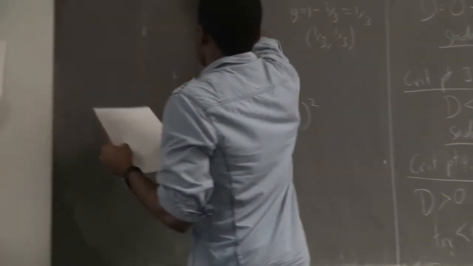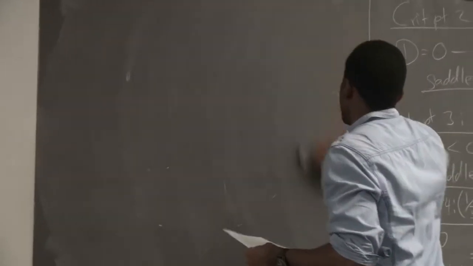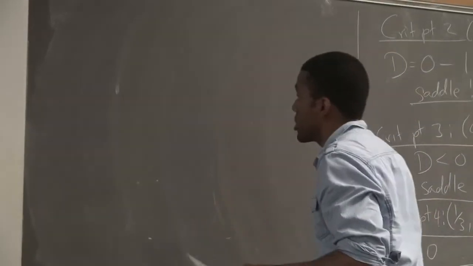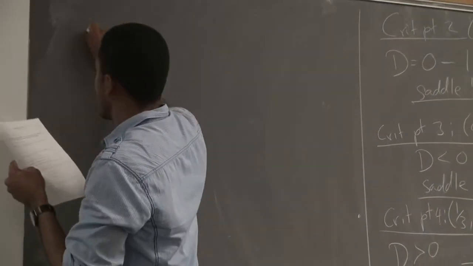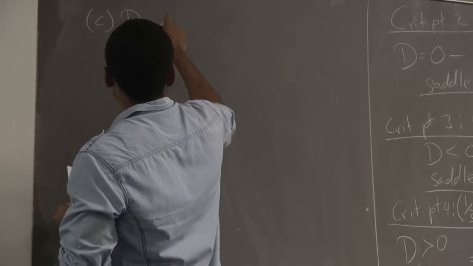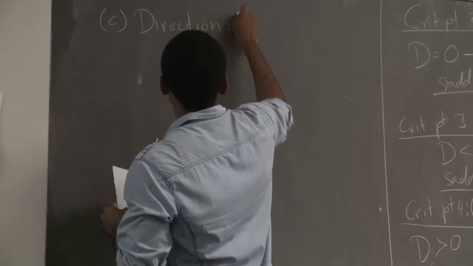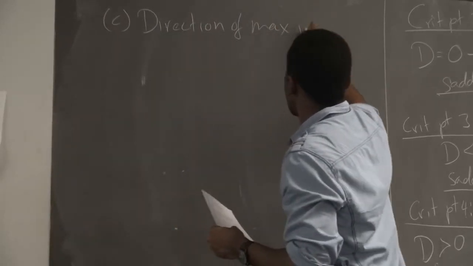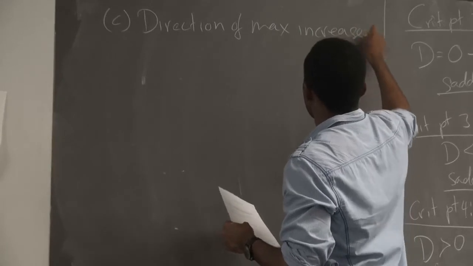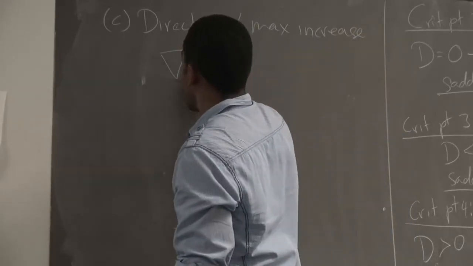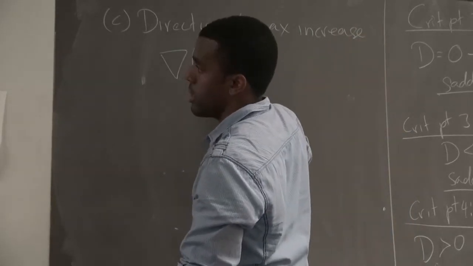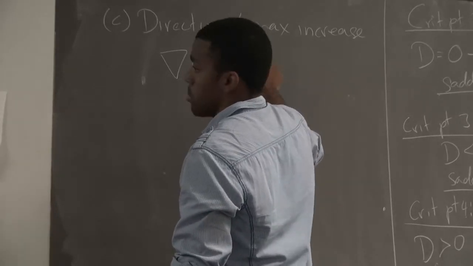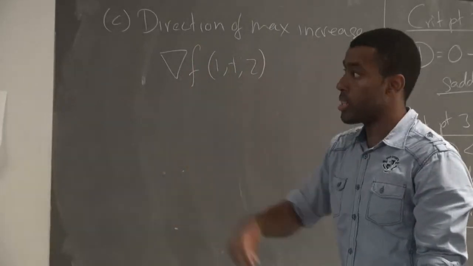C, what's the direction of maximum increase? Would it be the gradient? It is again this guy evaluated at the point. But now you're taking the direction, not the magnitude, right?